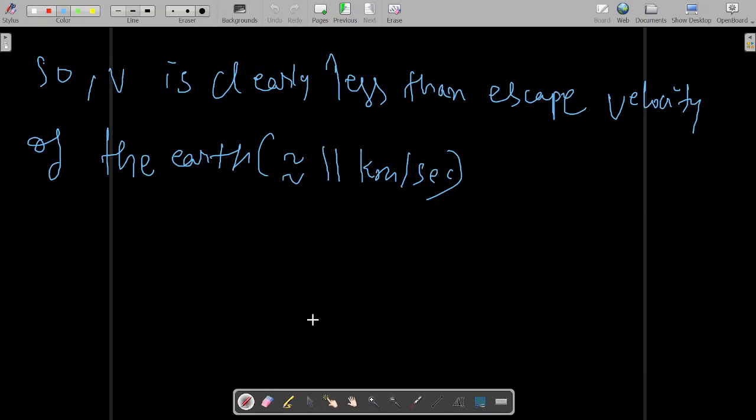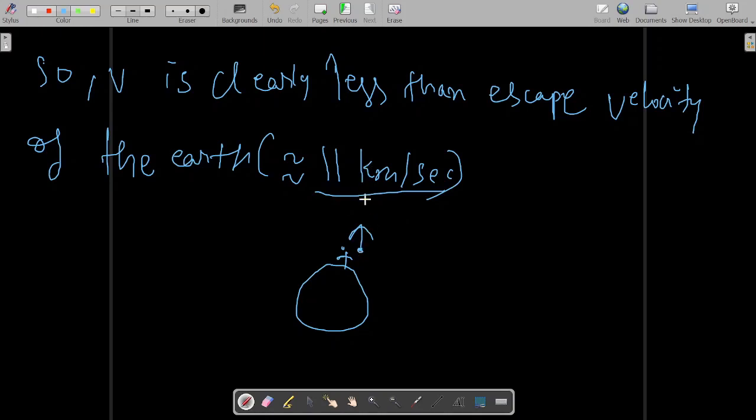What does escape velocity mean? Escape velocity is the minimum velocity with which an object must be thrown so that it escapes the Earth's gravitational field. Suppose this is your Earth, and you are standing on the Earth, and you throw a ball with a speed of 11 km per second upwards.